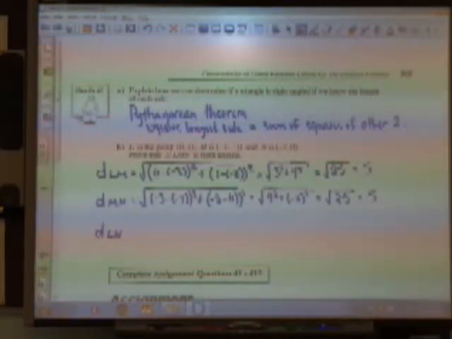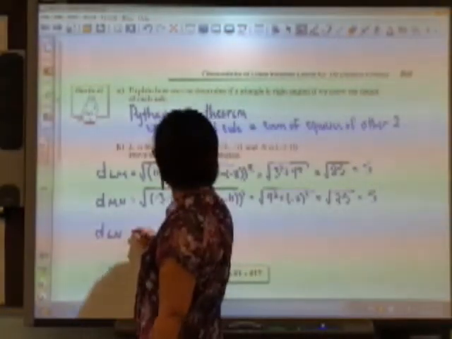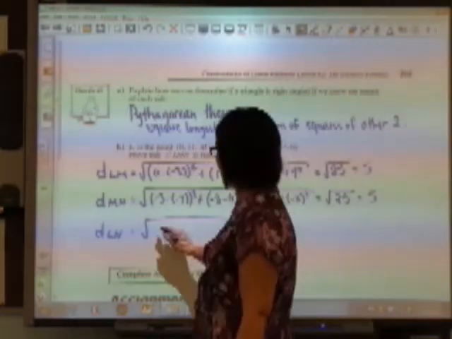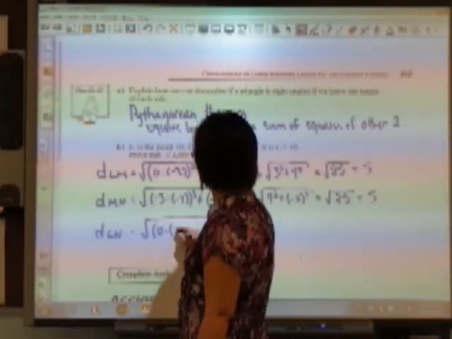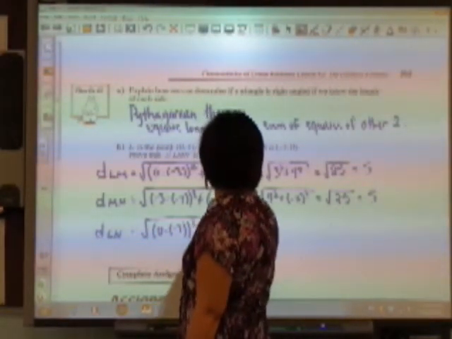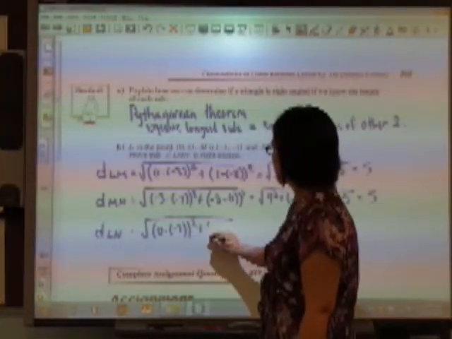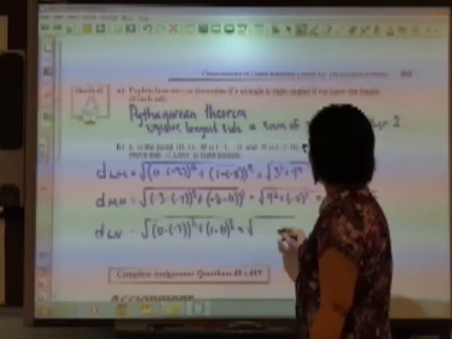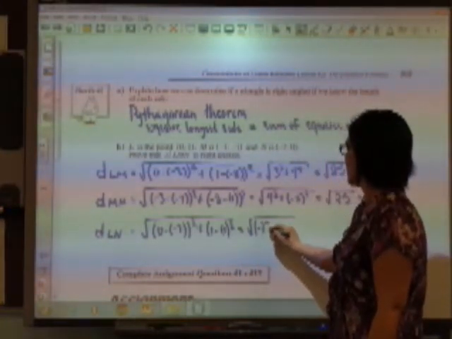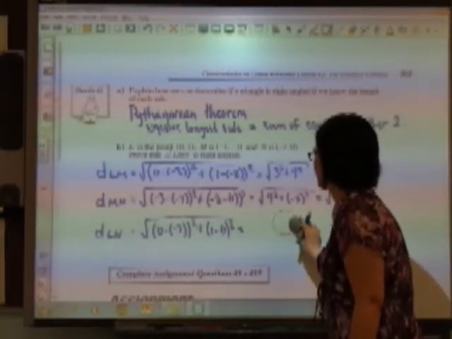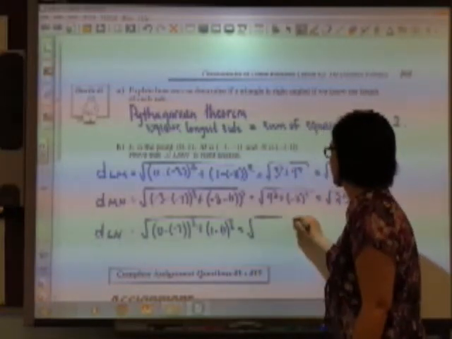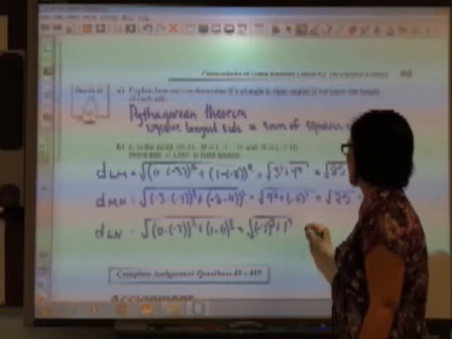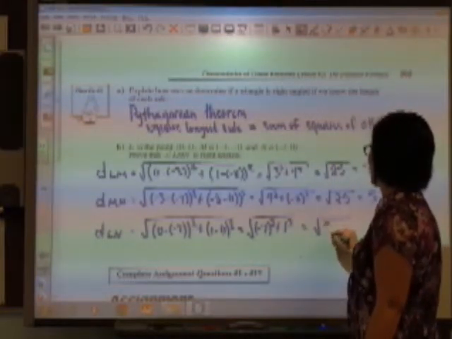And then from L to N, I get 0 minus negative 7 plus 1 minus 0. So I get negative 7 squared. So negative 7 squared plus 1 squared is the square root of 50.